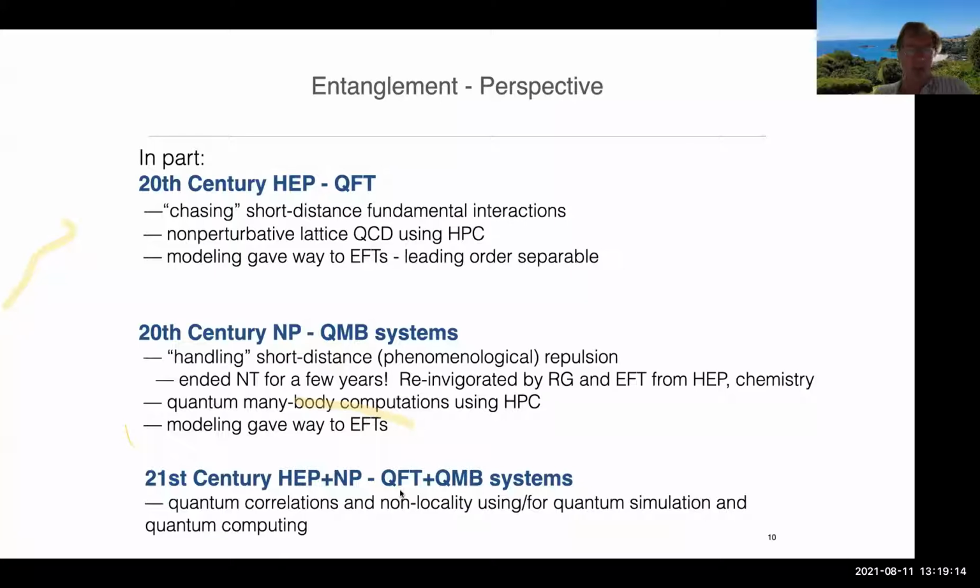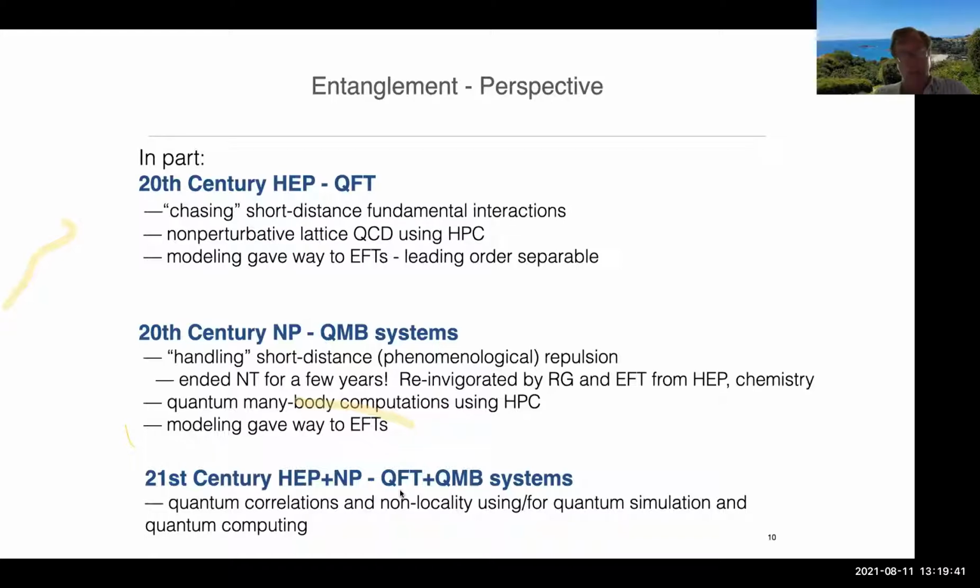Now looking forward and towards the 21st century, the frontier in both high energy physics and nuclear physics now and for the next period is going to be in quantum correlations and non-locality, both in understanding the theories that we have, but also in designing and accomplishing quantum simulations with quantum computers.